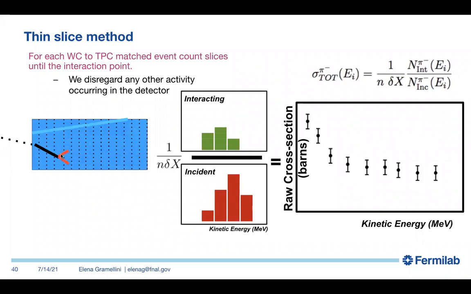When I get to my interaction point, I say, okay, I found an interaction, so I count this as one of my interactions at the kinetic energy that I found. Remember, we know the kinetic energy because the beam tells us, and then the TPC is measuring each point. So you recover this nice and easy formula, and by taking the ratio between these plots, you recover the cross section.